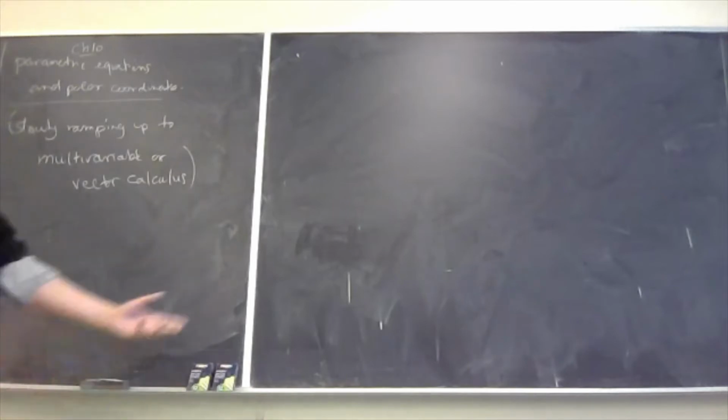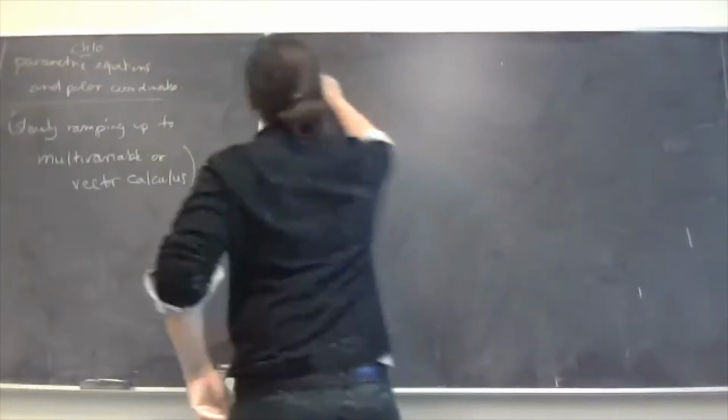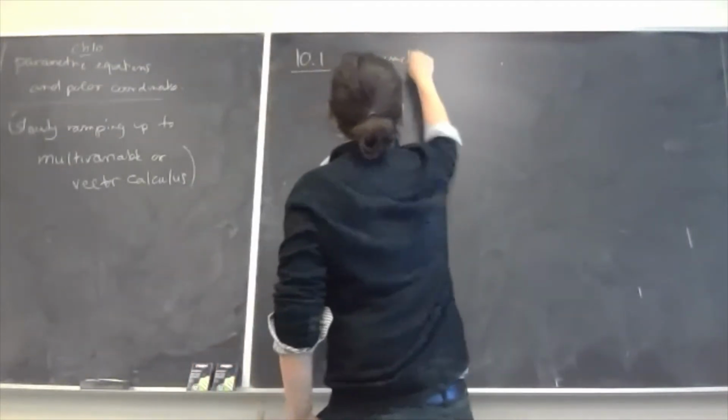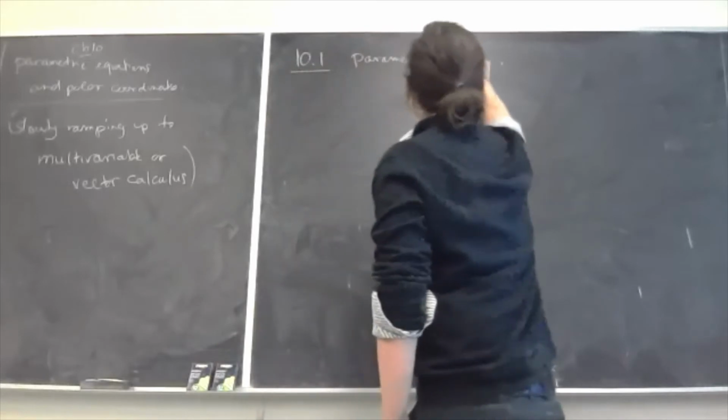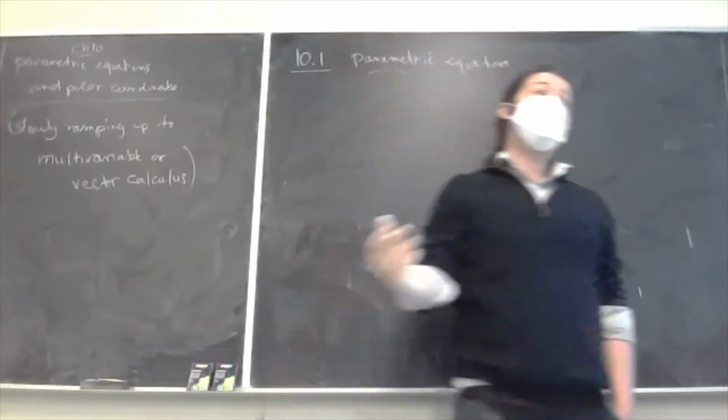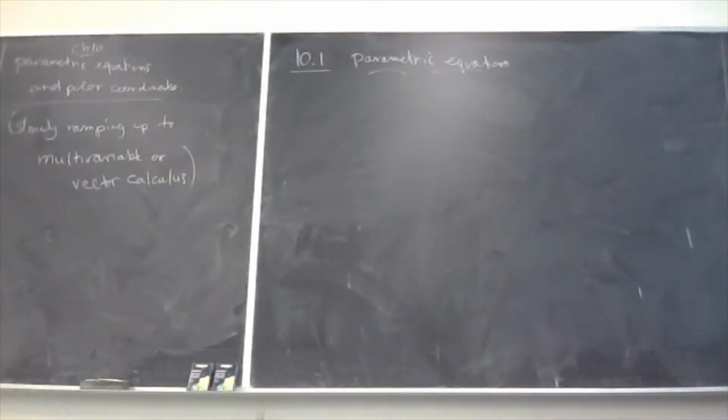Okay, so what is a parametric equation? 10.1. The motivation for this comes from physical systems or any sort of dynamical system.